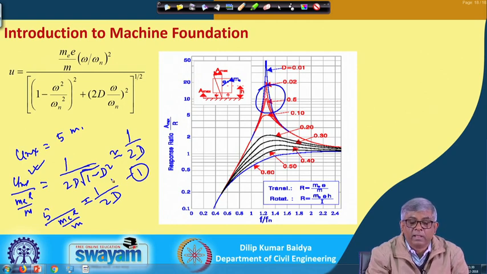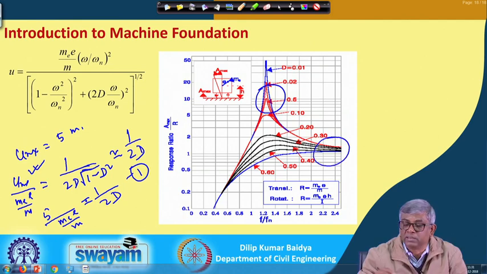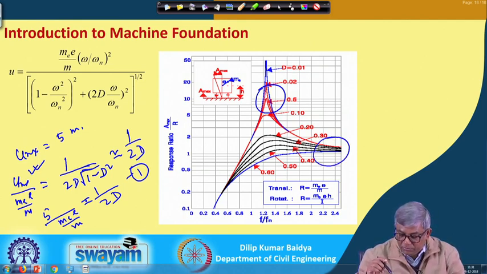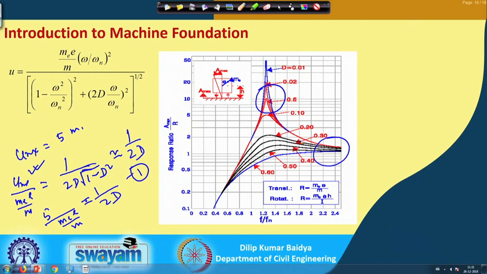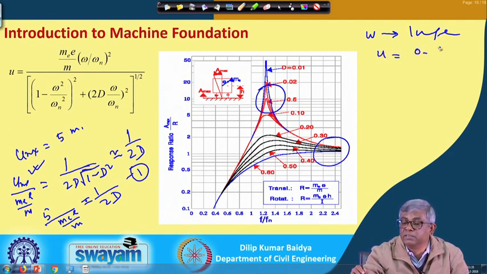Another thing mentioned is that when the frequency is increasing considerably large, it is approaching a constant amplitude, equal to 0.6. When omega is large, the amplitude u becomes 0.6.